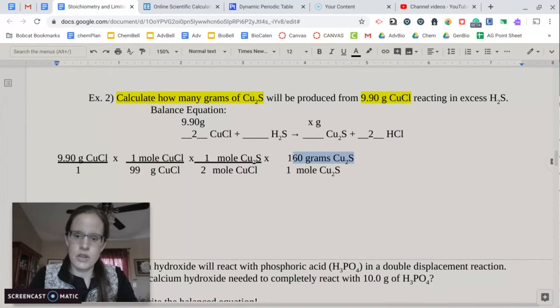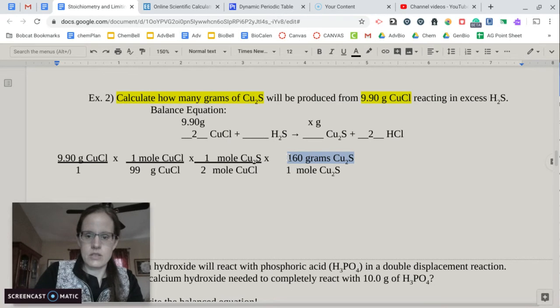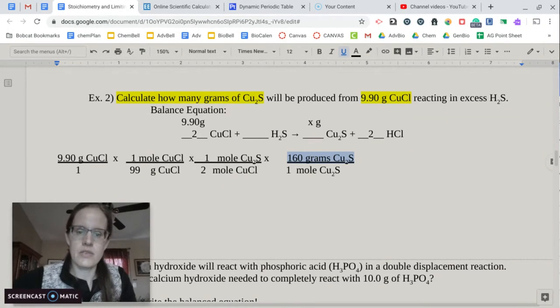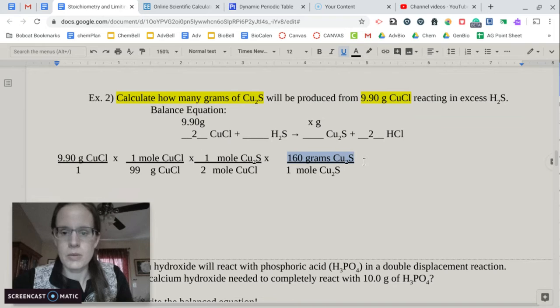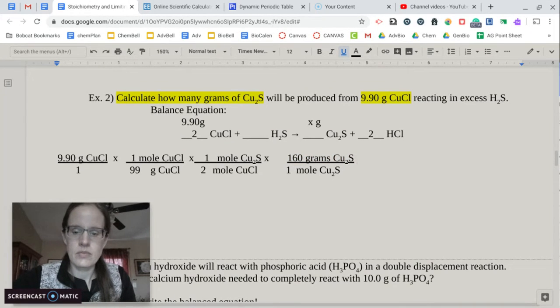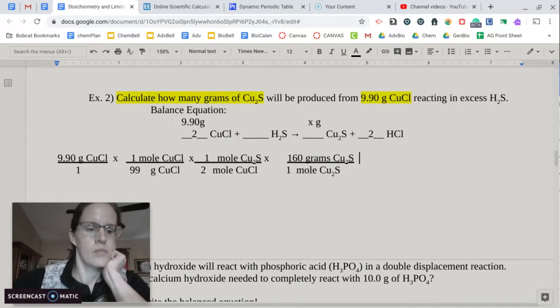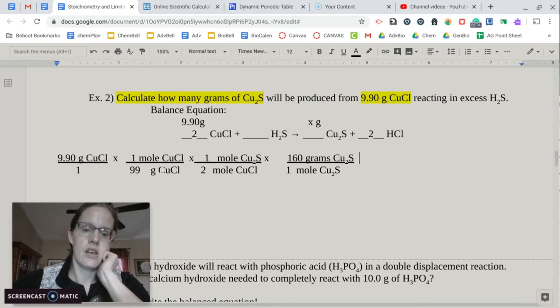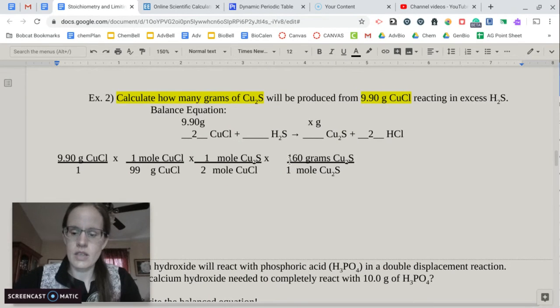They're asking us for grams of Cu2S, and that's what we found. So now we can go ahead and multiply that all together. If you're plugging in all those fractions, you could just multiply it all together. But I would just do 9.90 divided by 99 divided by 2, because the 2's on the bottom, times 160.